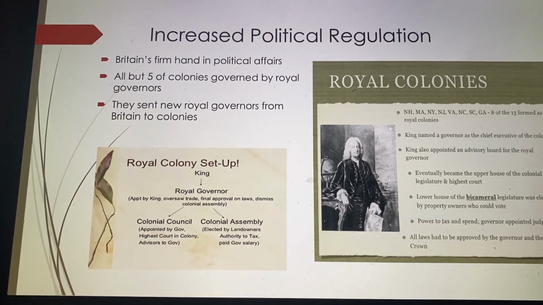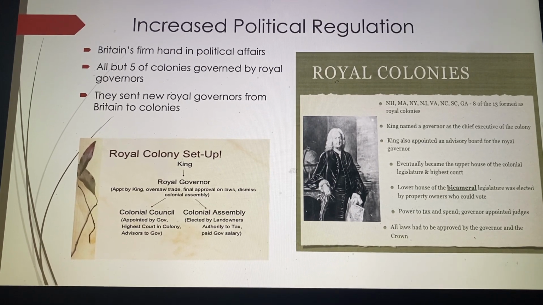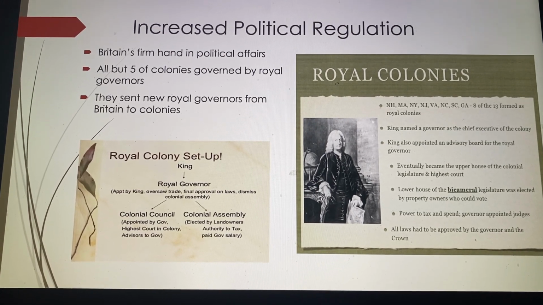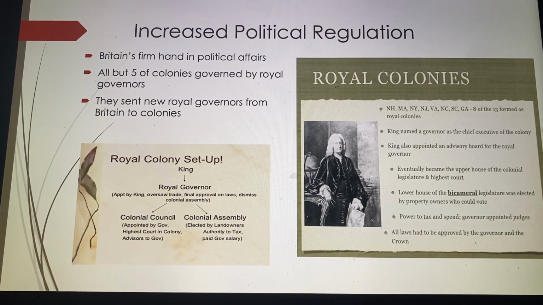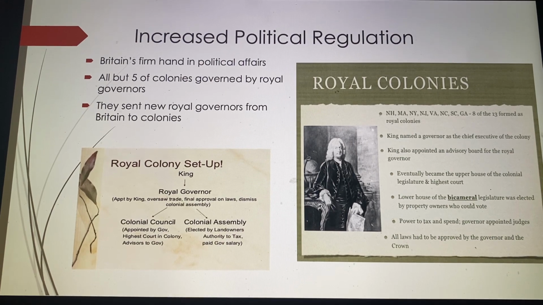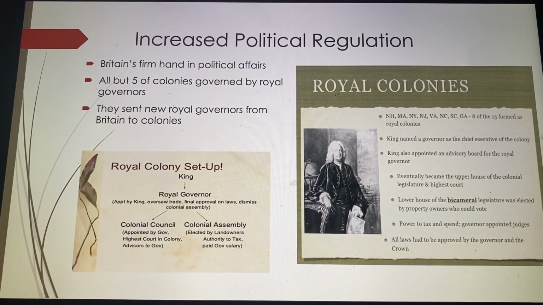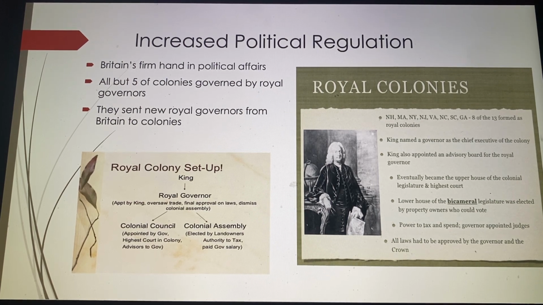That means the governors were controlled by Great Britain; they weren't from America, they were from Great Britain. And they sent new royal governors from Britain to the colonies to tighten up, to make sure that the colonies were doing as Great Britain wanted and following the laws and taxes that they had set forth.